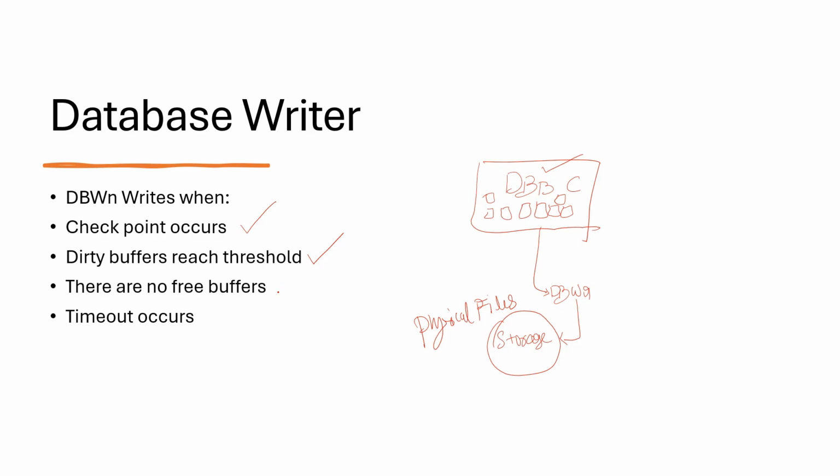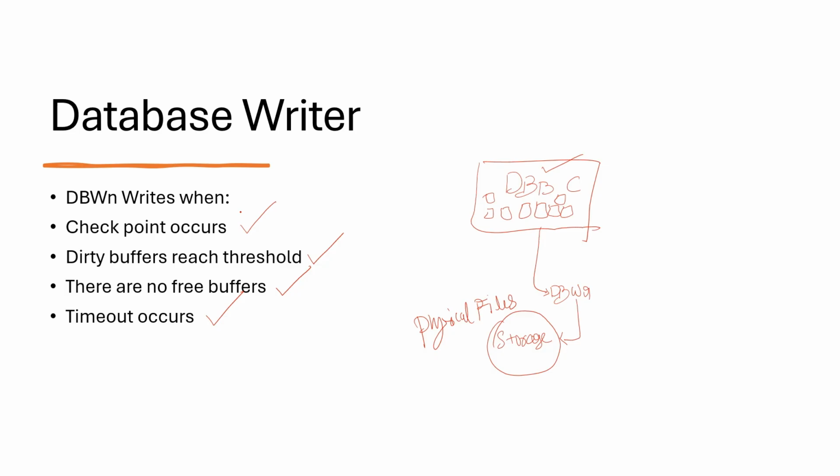And when there are no free buffers to hold the new data, I talked about free buffers, right, at that time also the database writer will write the dirty buffer block information to the physical files. And when a timeout occurs, the DB writer also comes into the picture and writes the data. So these are the cases where the DB writer writes the data.